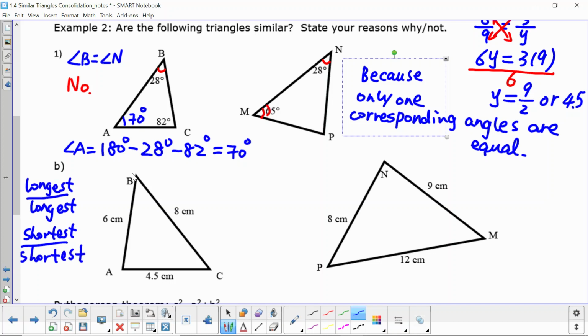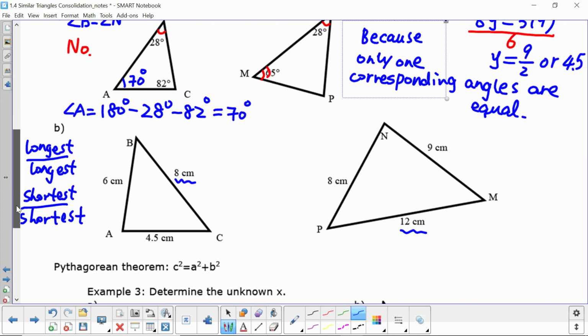So in this one, the longest is 8. In this one, the longest is 12. So these two sides are corresponding. So we are going to do the division 12 over 8. Use your calculator, you will find out it's 1.5.